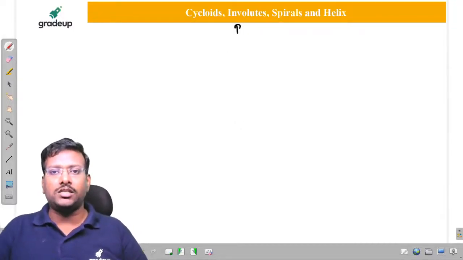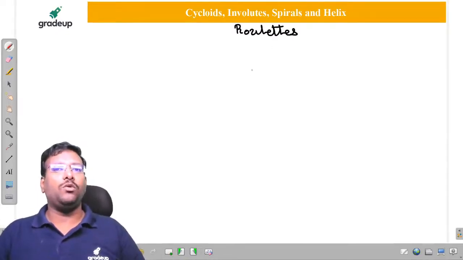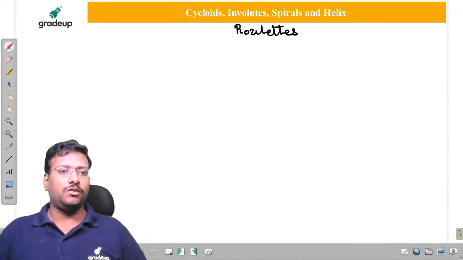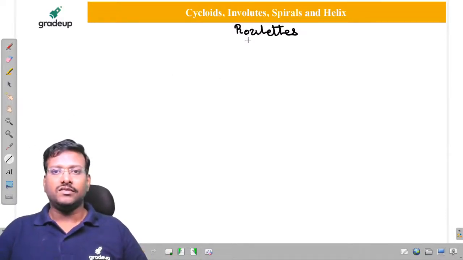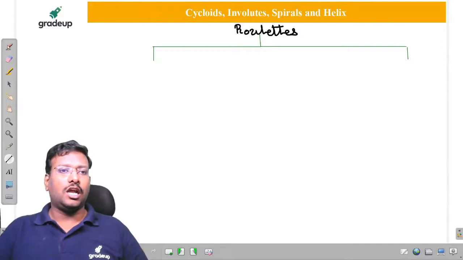Roulettes are broadly classified into two categories. Which parameter is the classification based on? You may have a doubt on that.